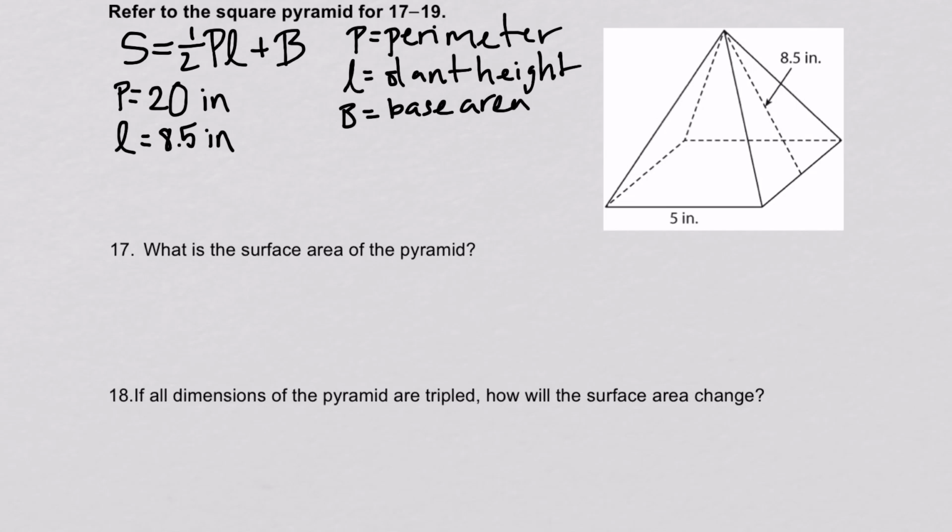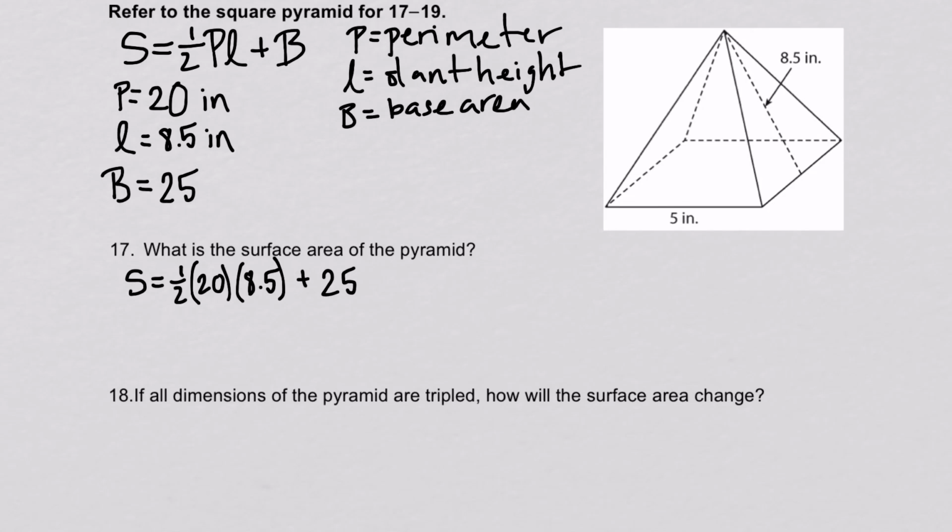And B, the area of the base, since it's a square, is 5 times 5, side times side, 25. Plug those three numbers into the surface area formula. So S equals 1/2 P, which is 20, times L, which is 8.5, plus B, which is 25.